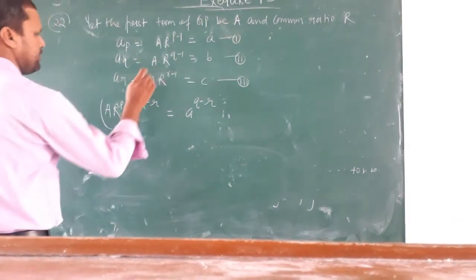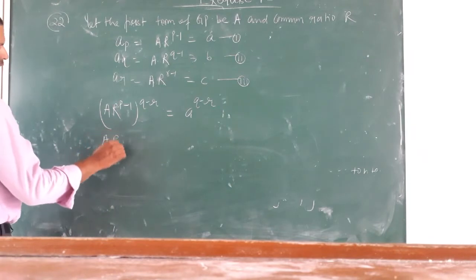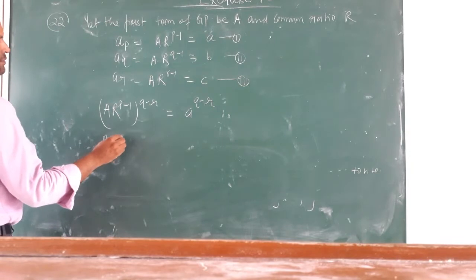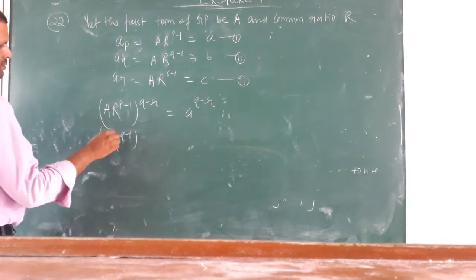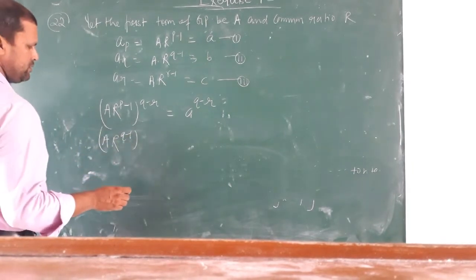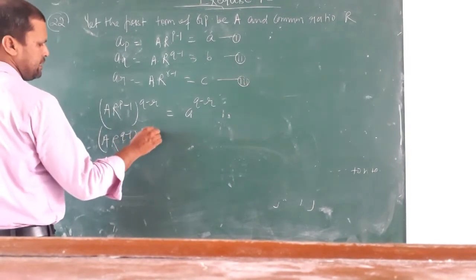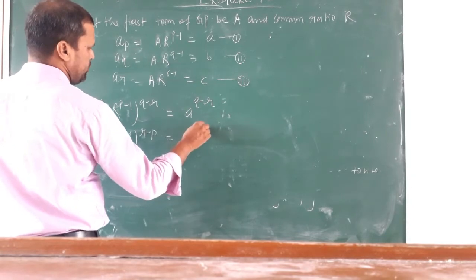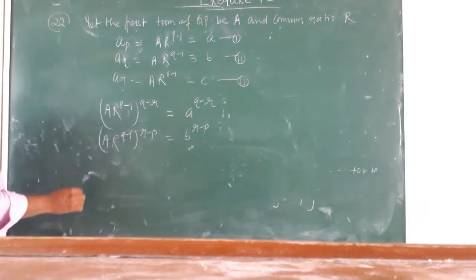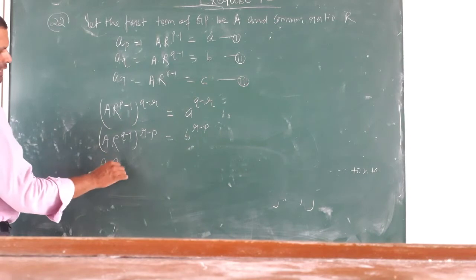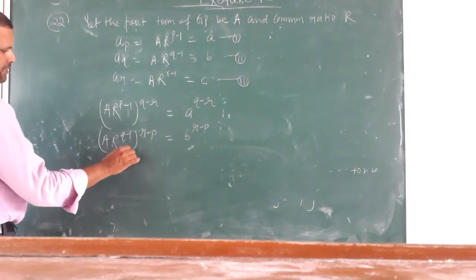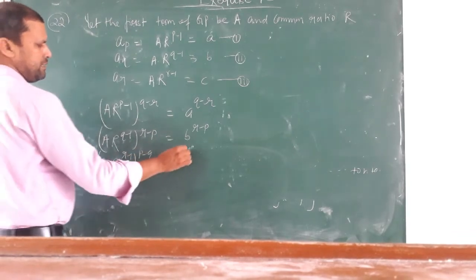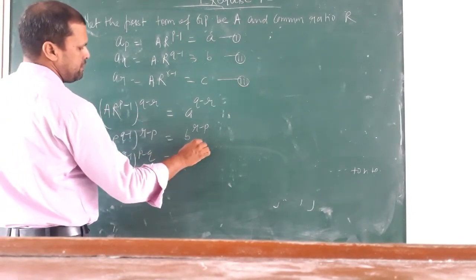Similarly, from the second equation, A r to the power q minus 1, whole to the power r minus p, equals b to the power r minus p. And the third, A r to the power r minus 1, whole to the power p minus q, equals c to the power p minus q.